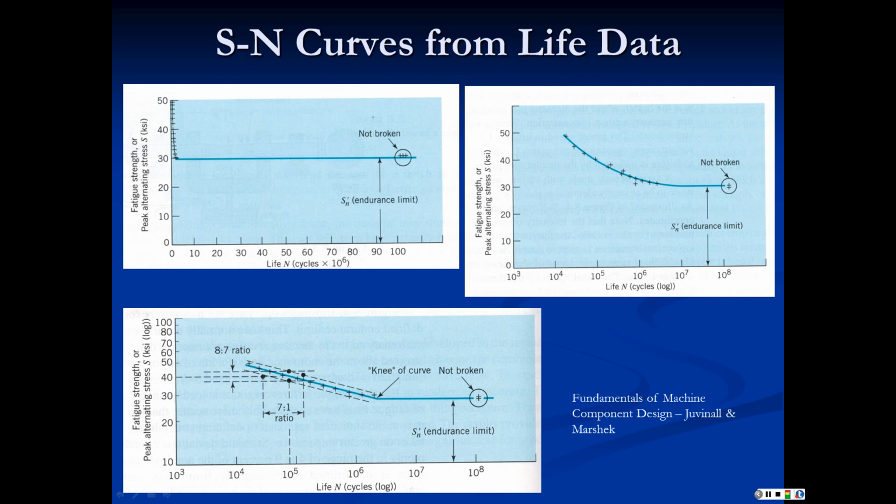And in class, I'm going to show you how to construct an SN curve from simply the ultimate tensile strength of a ferrous material. Turns out this endurance limit is very well predicted by UTS. Anyway, so that's the SN curve as we normally use it.